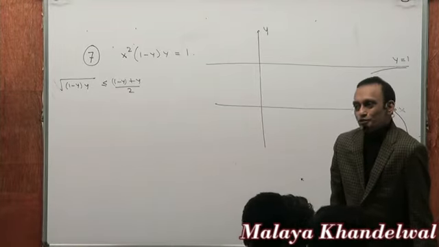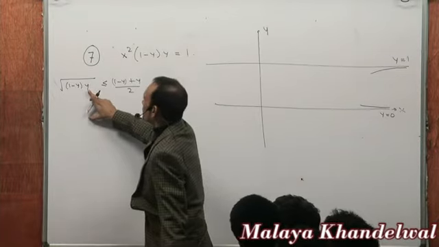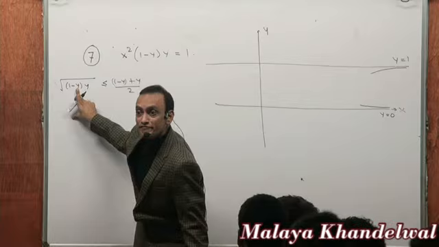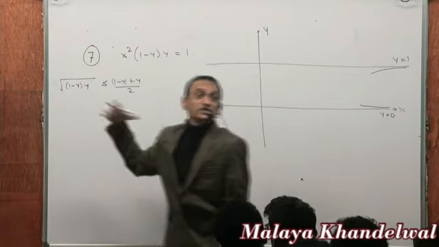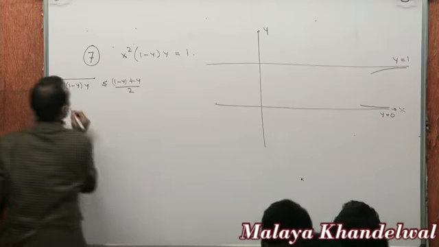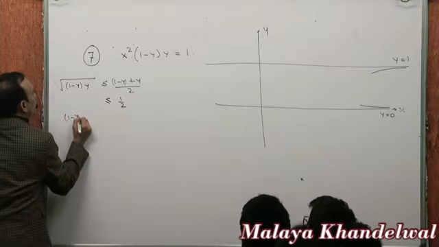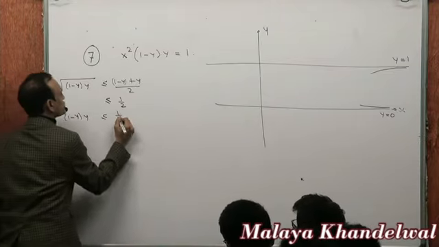GM less than or equal to AM. And why could I apply that? Because see, y and 1 minus y are both non-negative. That's why GM less than or equal to AM. Yes or no? That means this is less than or equal to half. That means 1 minus y into y will always be less than or equal to 1/4.